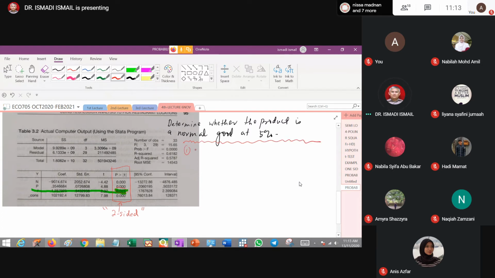So first, state the hypothesis to be tested.